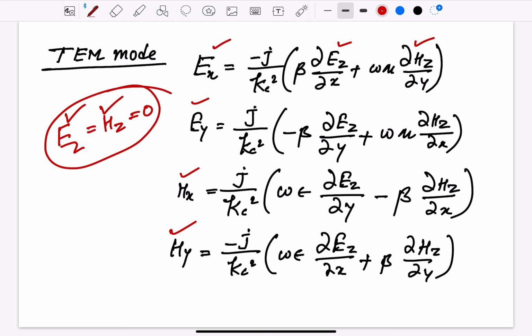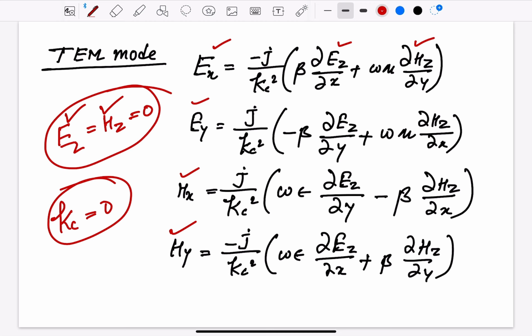So what should we do so that the wave can propagate along the Z direction, given that Ez and Hz are equal to 0? The condition we can find here is that the transverse components Ex, Ey, Hx and Hy will be non-zero only when kc is equal to 0.